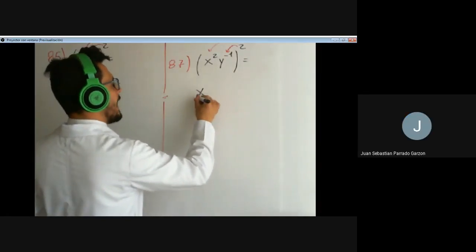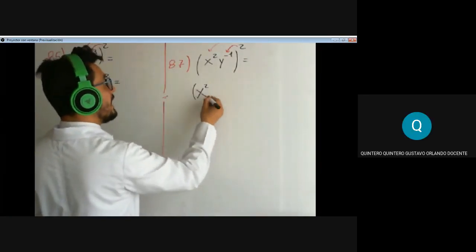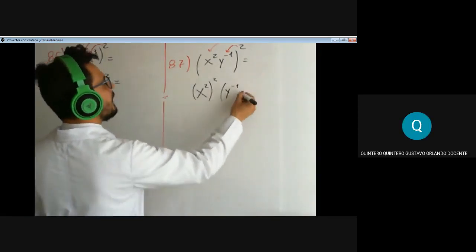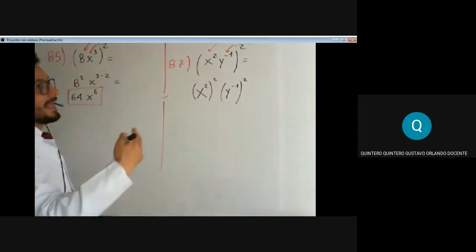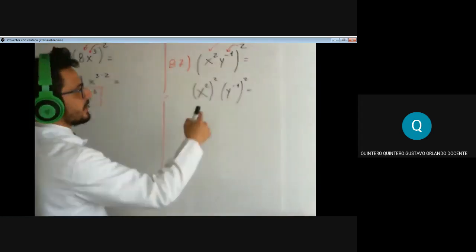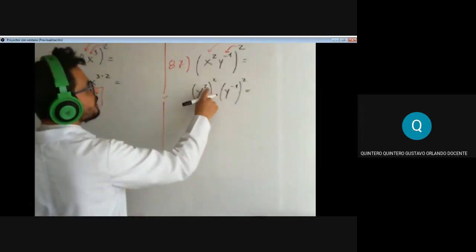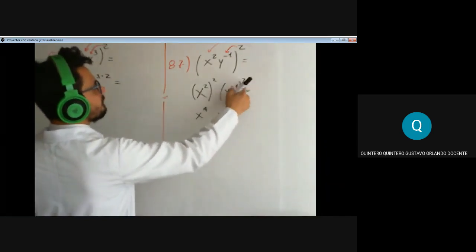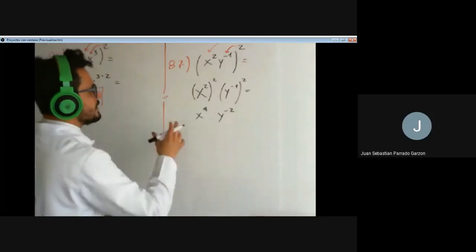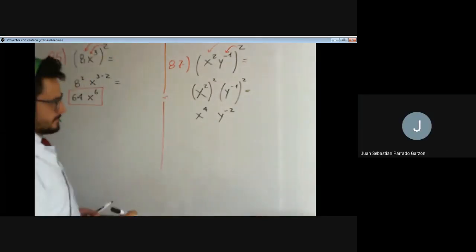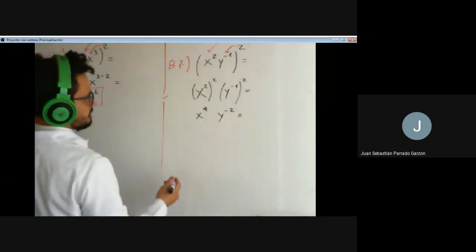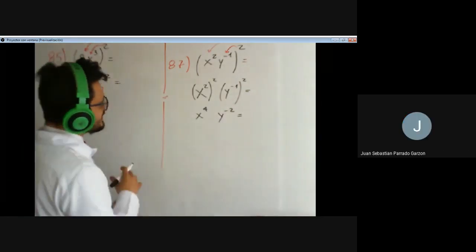So x will be x to the 2 elevated to the 2, and y to the negative 1 elevated to the 2. And then we do what you just said. We have power of a power, so we multiply the exponents. So x to the 4 and y to the negative 1 times 2, negative 2. And finally, I think x4 over y2 because it's negative.